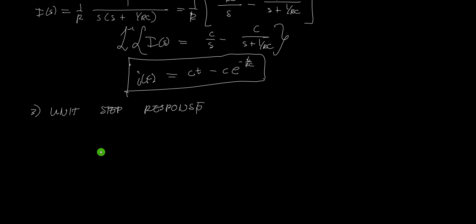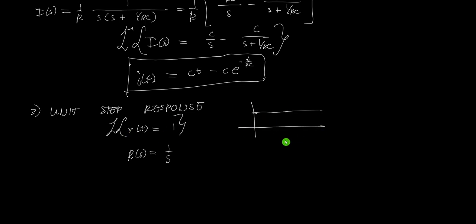Unit step response is when the input is just equal to 1. It's not a unit impulse, but a unit step. So if we take r and take the Laplace of that, that will be just equal to 1 over s. If you draw the time domain graph of this one, if it's equal to 1, it's a constant, just a straight line. It's a unit step.